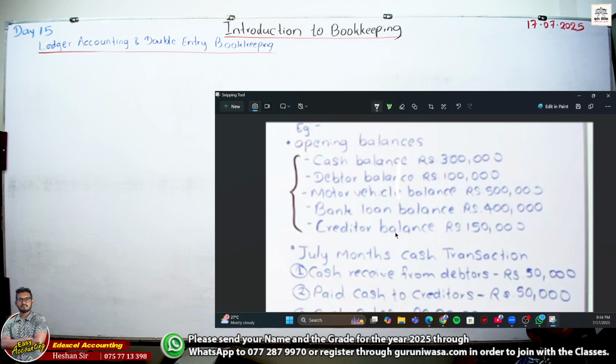Once you finish, raise your hand. Just write the opening balances.